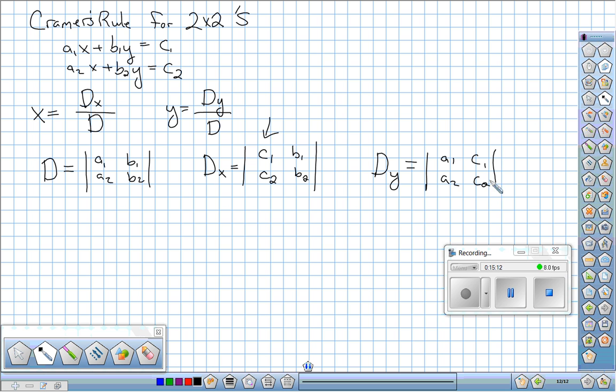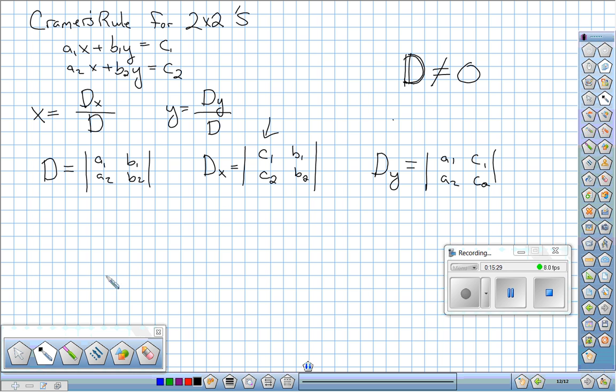So you'll have to find some determinants. The determinant d specifically cannot equal 0, because that would mean we were dividing by 0, so that can't work out.